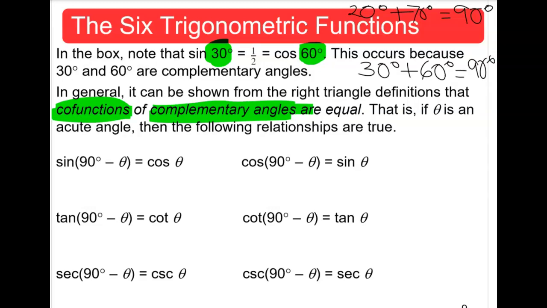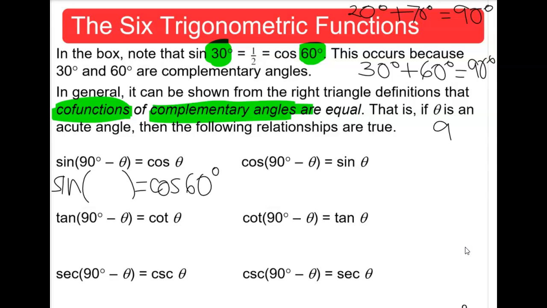To give you a good example here, let's say that we let theta equal 60 degrees. So sine of the complement of 60, how do we find the complement of 60?